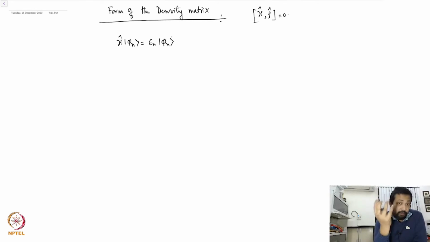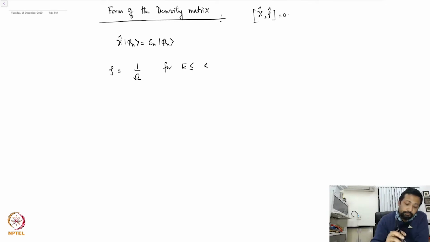Now, for a microcanonical ensemble, I know that this density is 1 over omega for energy which lies between E and E plus delta E. This is for the classical case also. We have seen that, right?